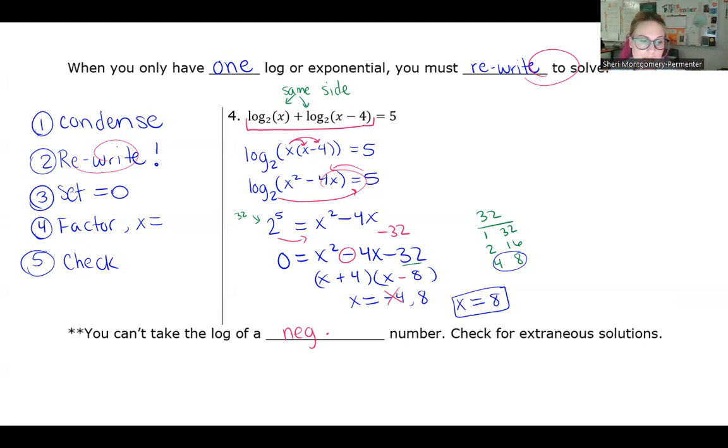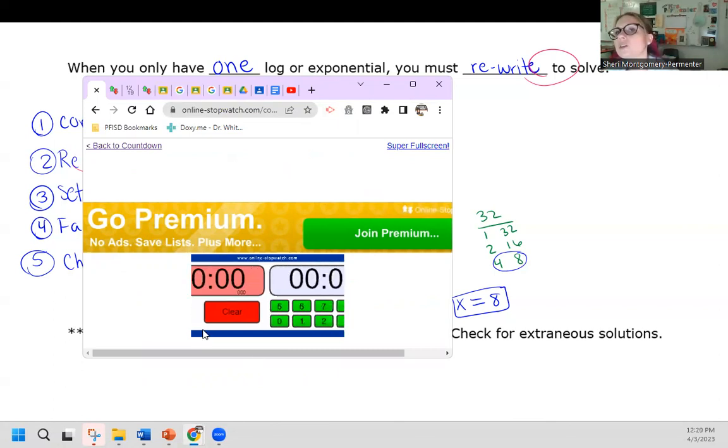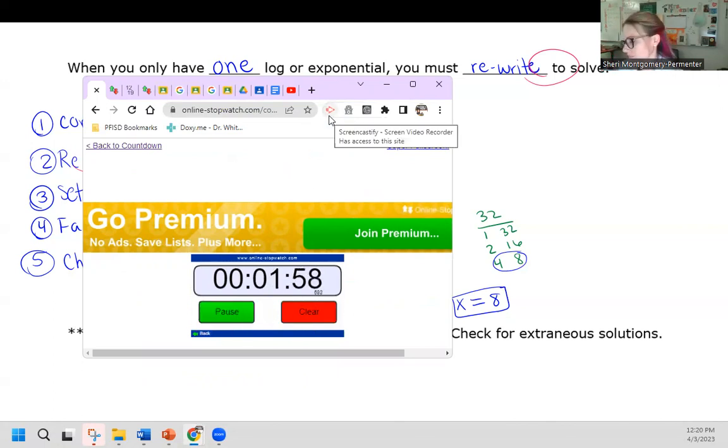So I'm going to give you a couple minutes. You may not be able to finish it. But I'll give you 2 minutes, even if all you do is give yourself a note, rewrite, or you give yourself a note, like number 4 on the notes.